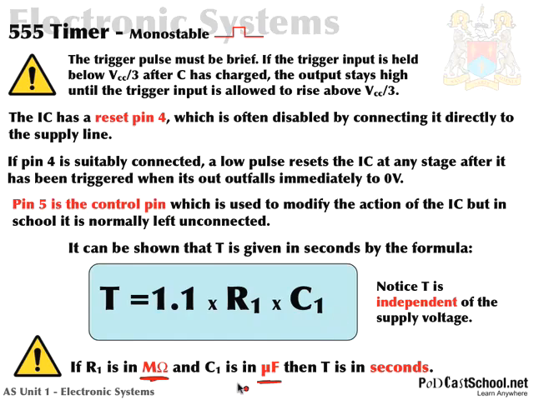The reason for that is because meg is 10 to the 6 and micro is 10 to the minus 6, so they tend to cancel each other out. But if you put in just the value in ohms and the value in farads, then it'll always give you the right answer. It just so happens that megohms and microfarads cancel each other out. Anyway, that's it for now.